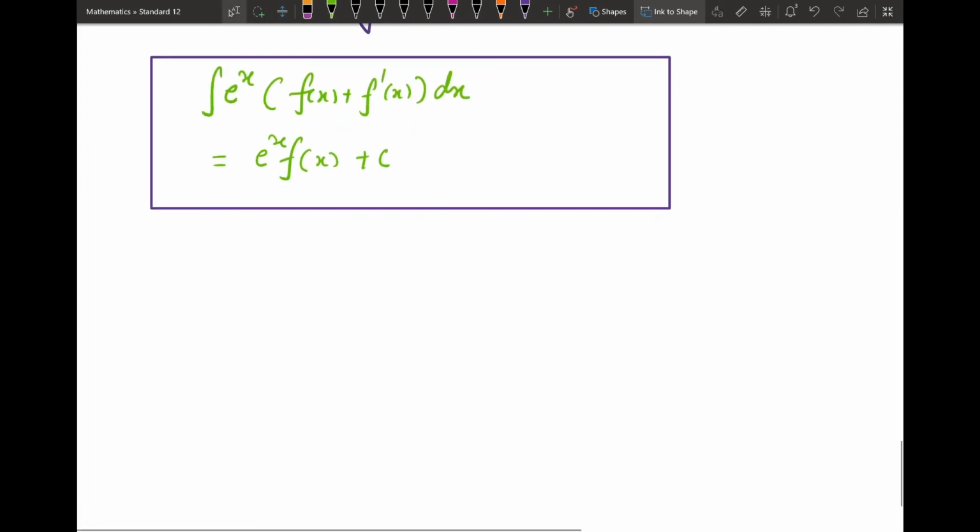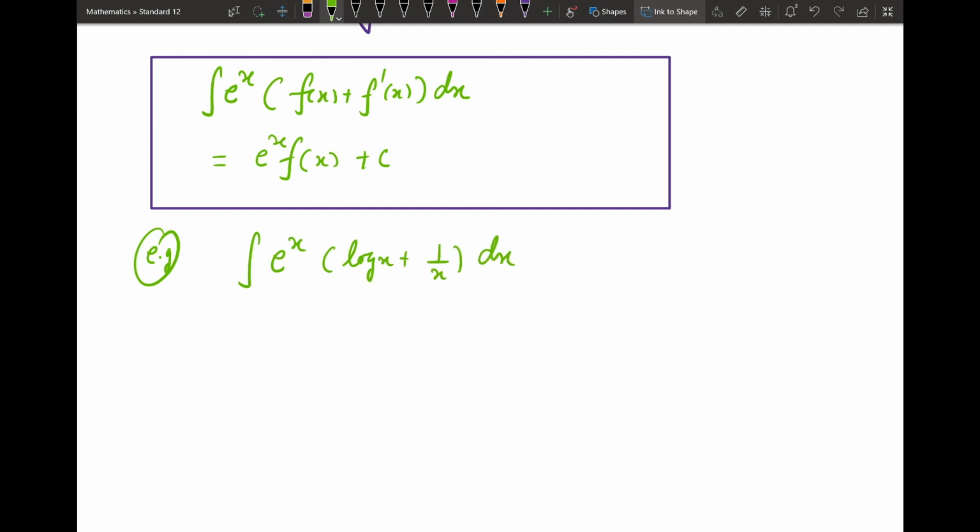As for example, suppose integration e raised to x into log x plus 1 upon x dx. If you consider log x as f of x, then this is f prime x, derivative of log x, 1 upon x. So according to the above formula, it is e raised to x into log x plus constant of integration.